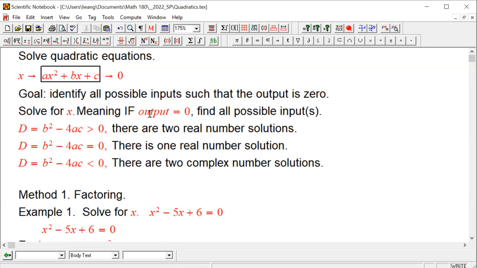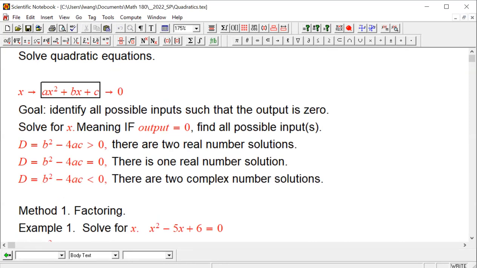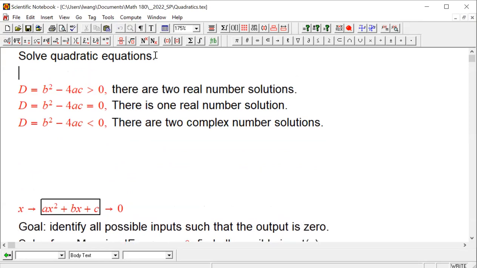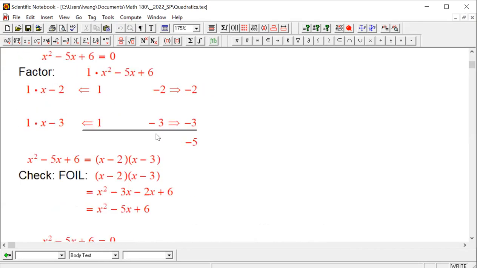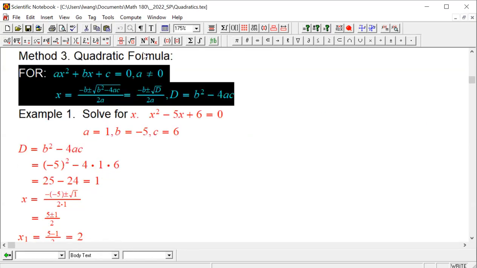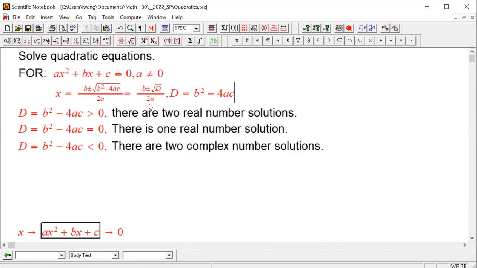As we discussed earlier, for quadratic equation, we have these three cases. Let's summarize the three cases.